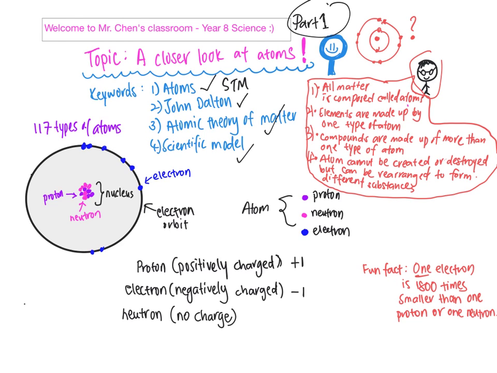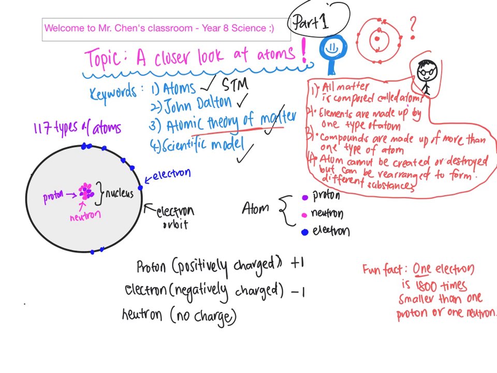And number 4, which is a very important one, atoms cannot be created or destroyed, but they can be rearranged to form different substances. So he is the one that came out with this atomic theory of matter, which carries into the third key point.